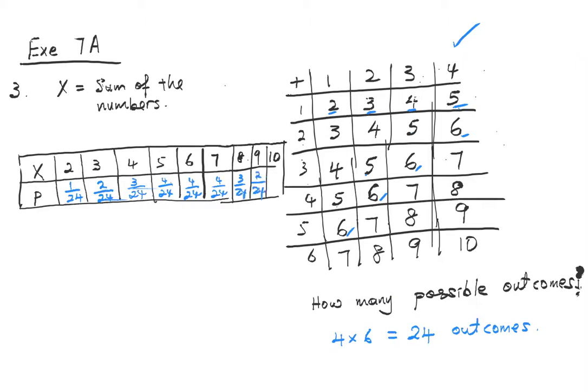And 1 out of 24. So you add up. Yeah, 24. So this is one way to get the probability distribution table for this situation.